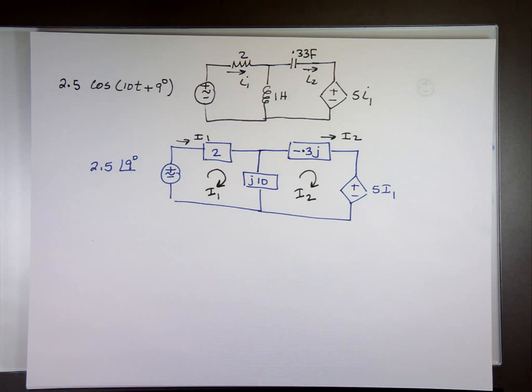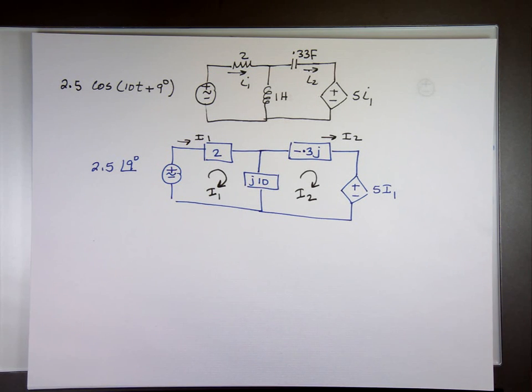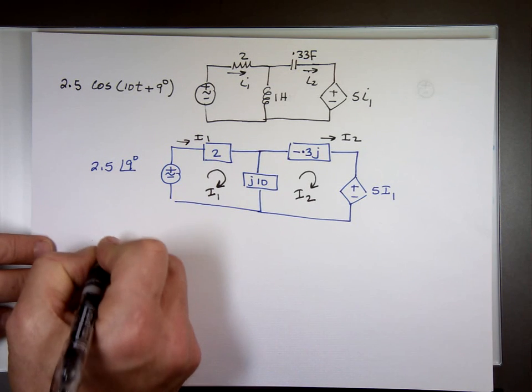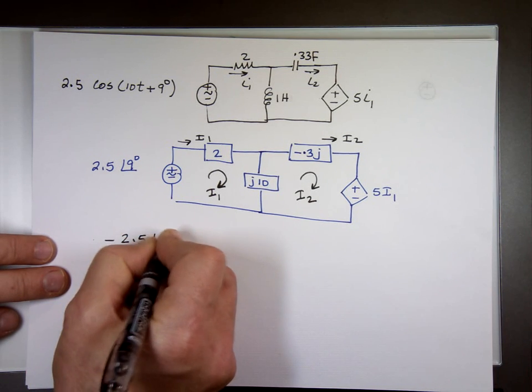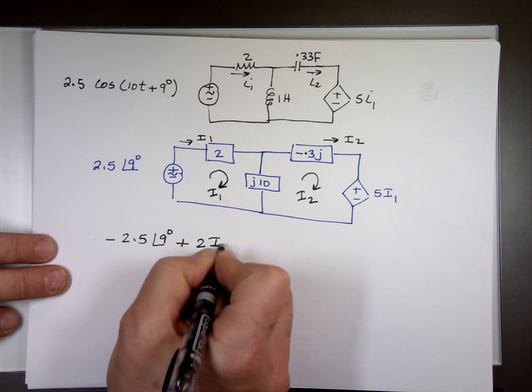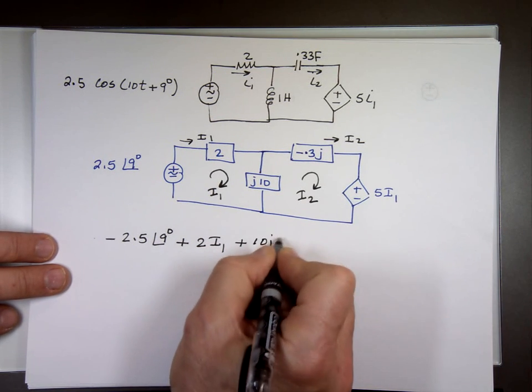KVL, sum of the voltage in a closed loop is 0. I have one loop here, I get another loop there. So let me do a KVL here. Minus 2.5 angle 9 degrees plus 2 times I sub 1 plus 10J. What's the current down?